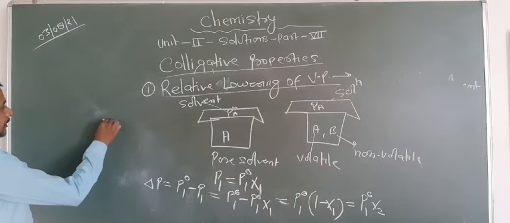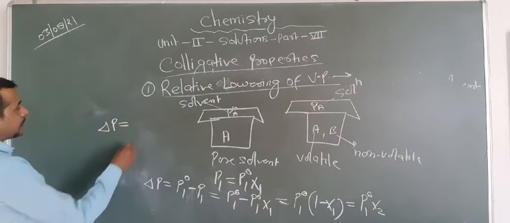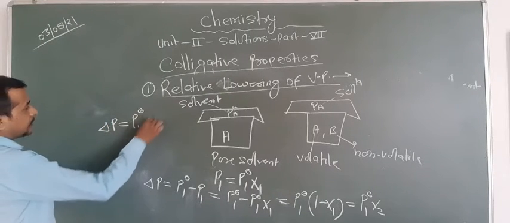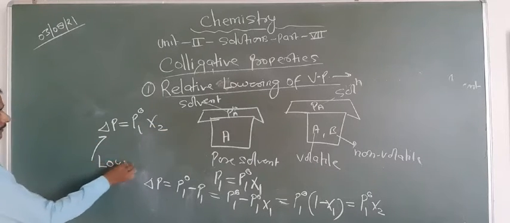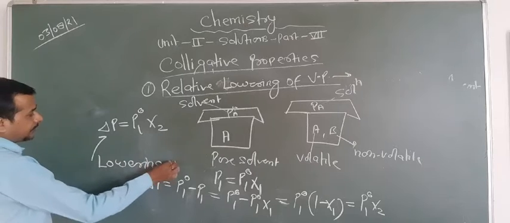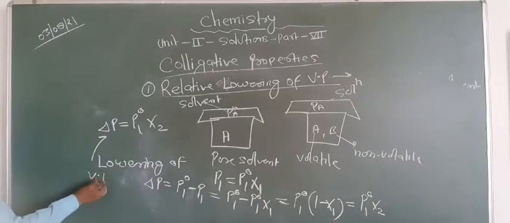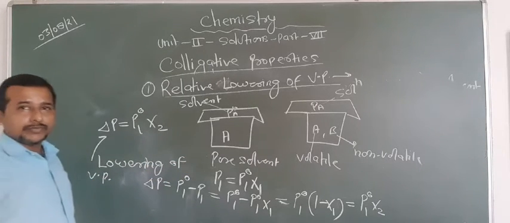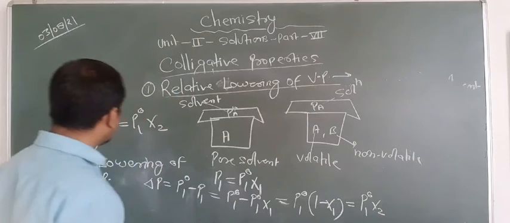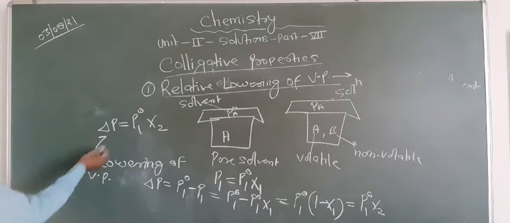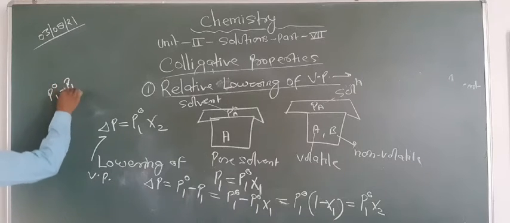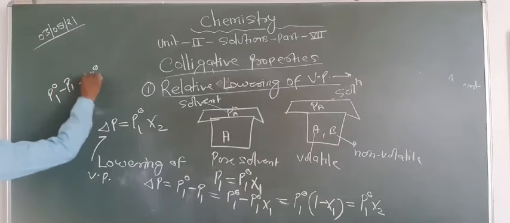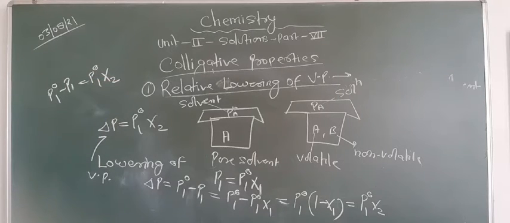That means the lowering of vapor pressure, delta P, equal to P naught 1 X2. So this is known as lowering of vapor pressure. Now we have to find the relative lowering of vapor pressure. So now open this: P naught 1 minus P1 equal to P naught 1 X2, and we have to find the relative lowering of vapor pressure.